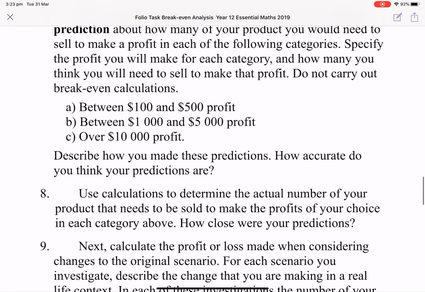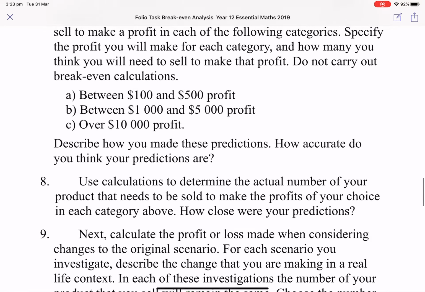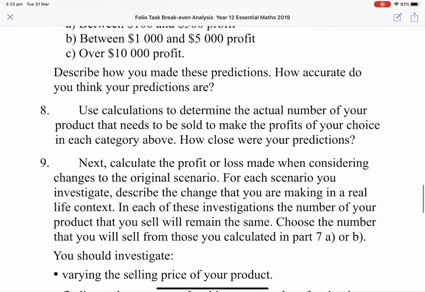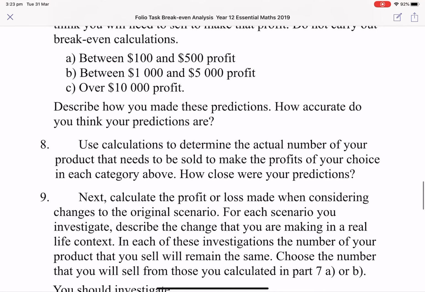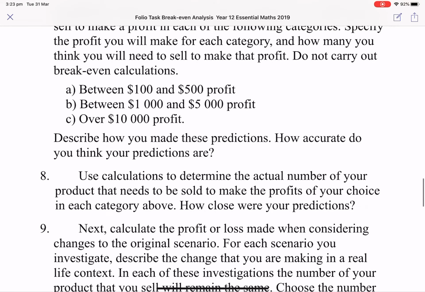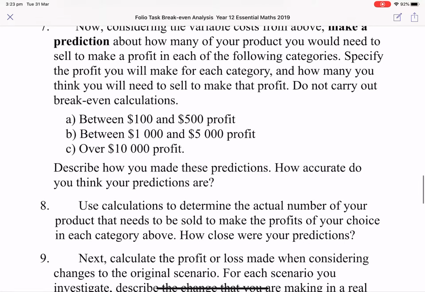And then what it wants you to do is specify the profit that you would make, and how many you would think you would need to sell to make that profit. What it's asking you to do there is decide why you've made that prediction, what sort of thinking did you do. It's not asking you to do any calculations. It's literally just asking for a guess at this stage and no calculations.